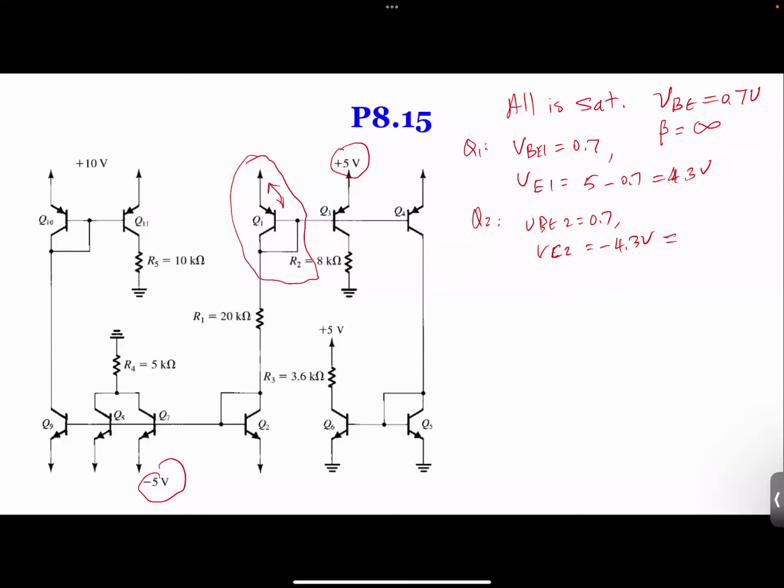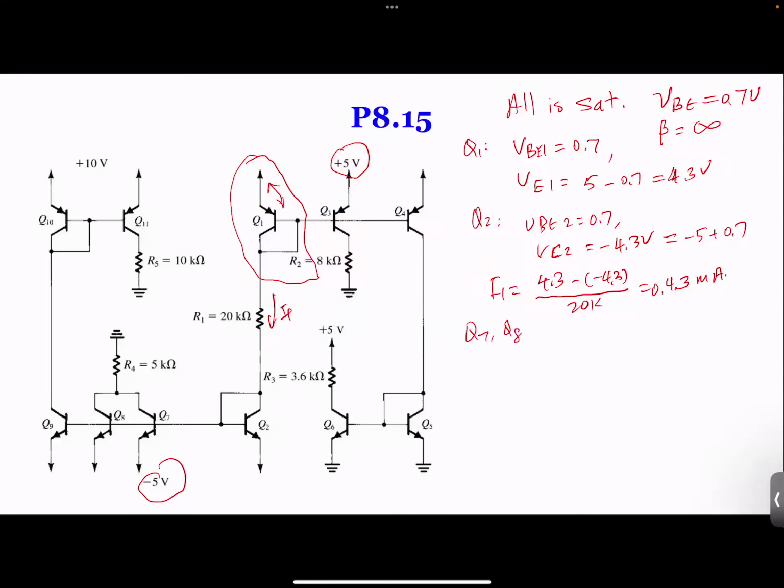So therefore, we can get I1 equal to (4.3 minus (minus 4.3)) divided by 20K. So we get 0.43 milliamp. So we got that. Now we can go to Q7 and 8.